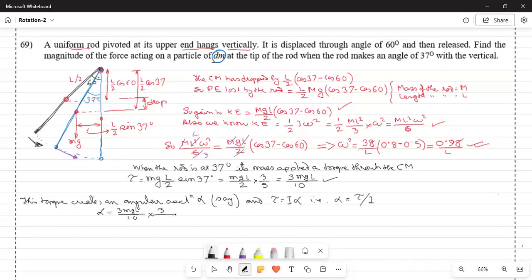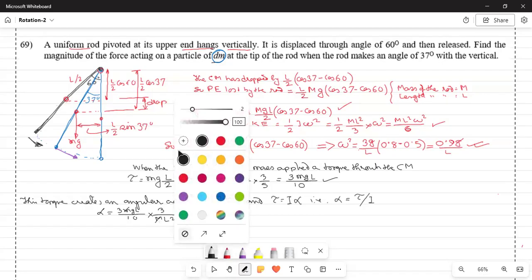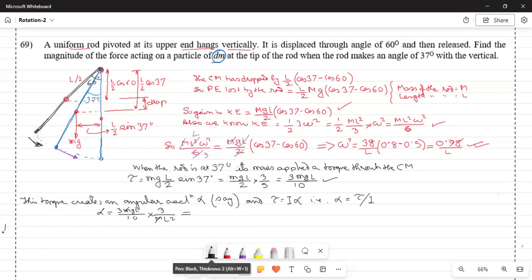So 3 goes to the numerator, and this m and m get cancelled. This makes it 9 by 10, that is 0.9 g by L.